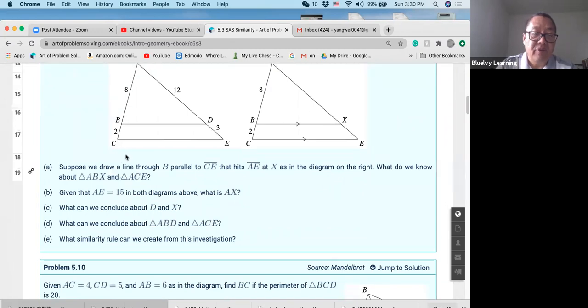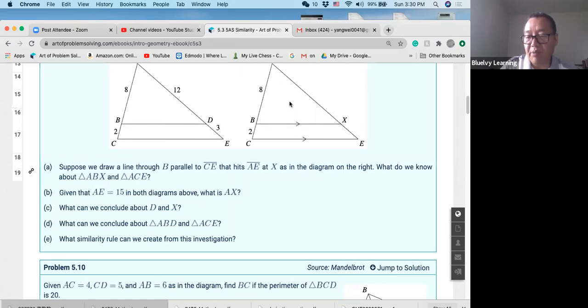Suppose we draw a line through B parallel to CE that hits AE at X, here in the diagram on the right. What do we know about triangles ABX and ACE? If you start from B and draw a line BX parallel to CE, definitely these two triangles are similar.